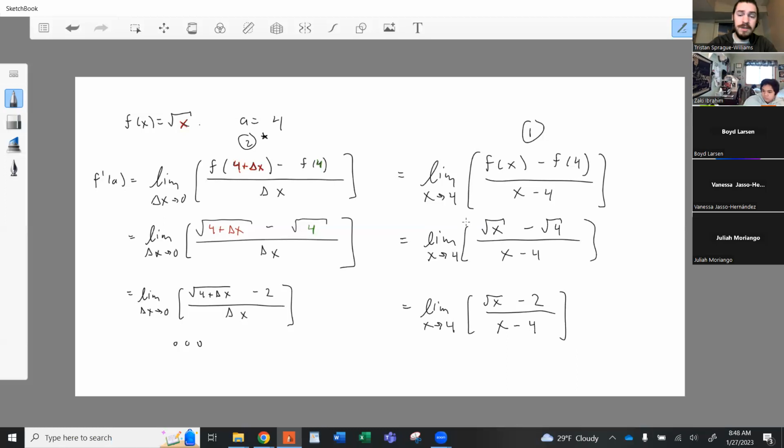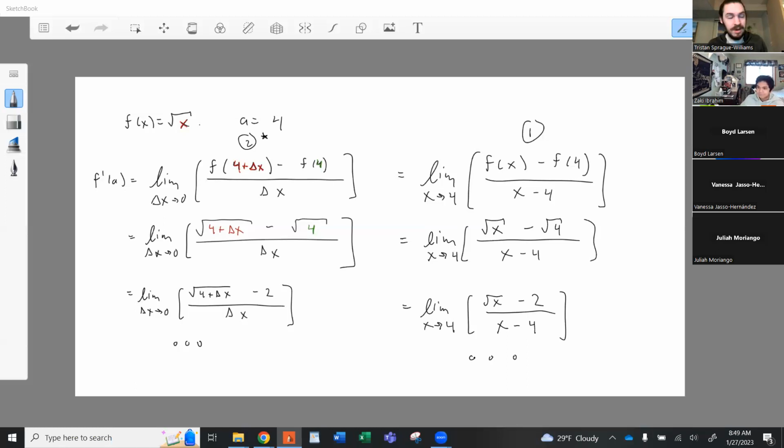So I ask again, do these look familiar? Yes. I've been having you guys practice solving limits like this since day 1, or day 2 maybe.